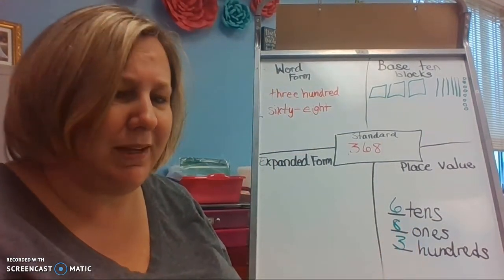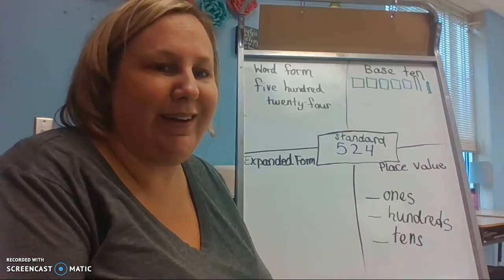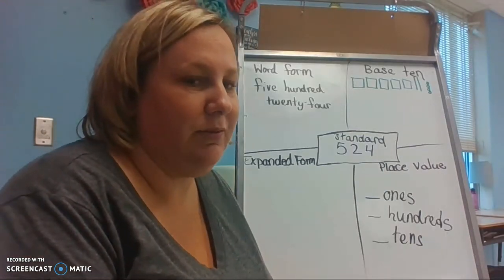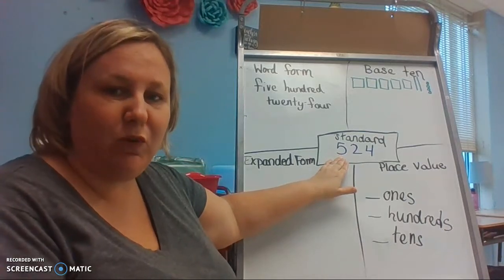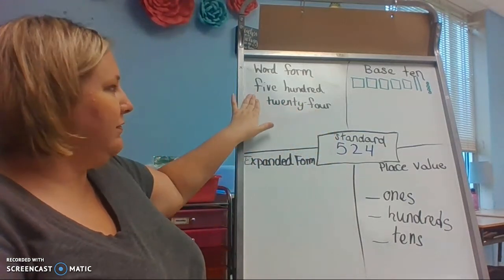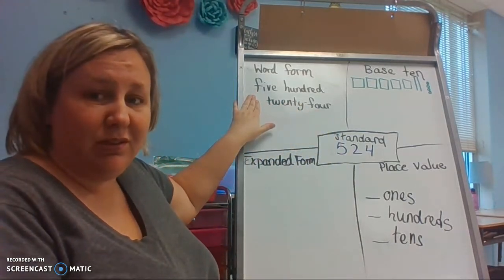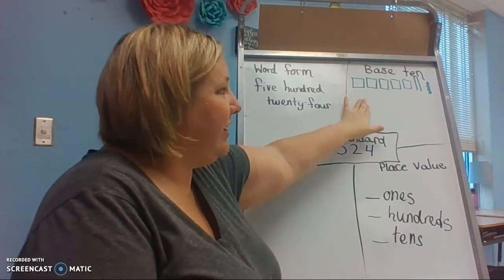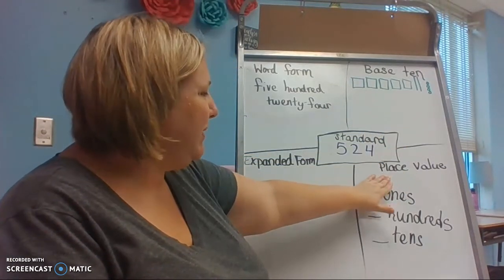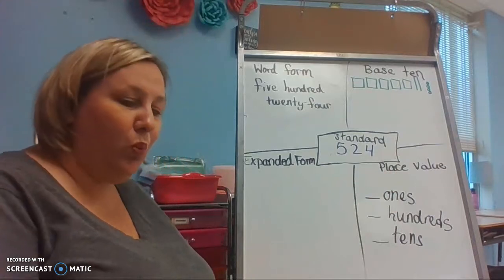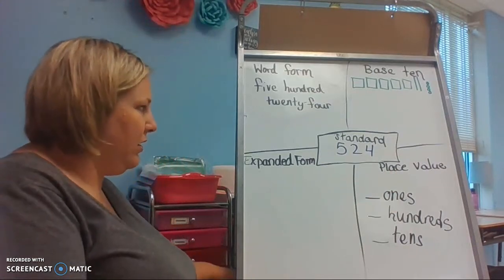Let's try something else. All right, let's see if I can trick you now. I have a new number, 524. My words, 524. I drew it out, 524. So for my place value, how many 1s are there?